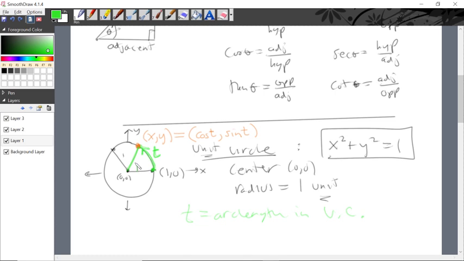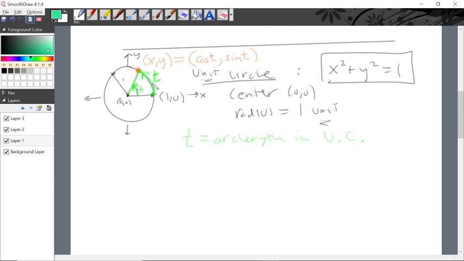So there is a relationship between this distance we traveled here and this rotation we had in here. And let's call that theta. So theta is the variable to represent the rotation at the center, but t is a variable to represent the distance we traveled along the unit circle. That's when the radius is equal to 1 specifically. Okay?